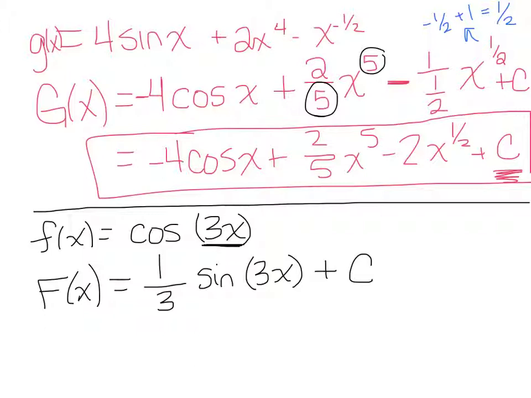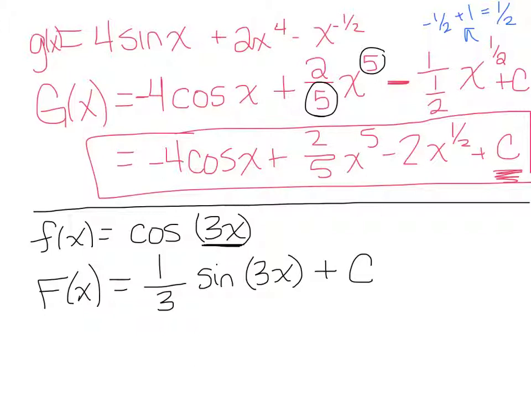So this one is a little bit more complicated than the first ones because it's not straight from one of the rules that we have. It's thinking about the chain rule and how the chain rule works with antiderivatives. Just think about the fact that we want to undo cosine. Going backwards, that's sine. Just like the chain rule, we're going to leave the inside function alone. Then we do the opposite of what we would do with the chain rule.